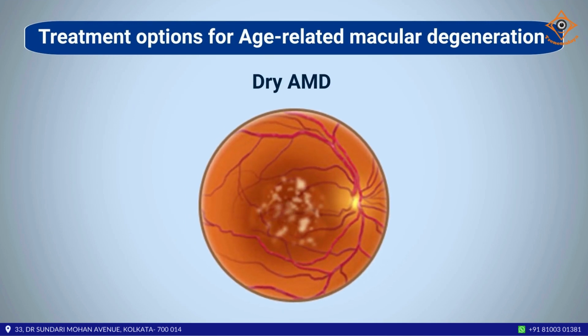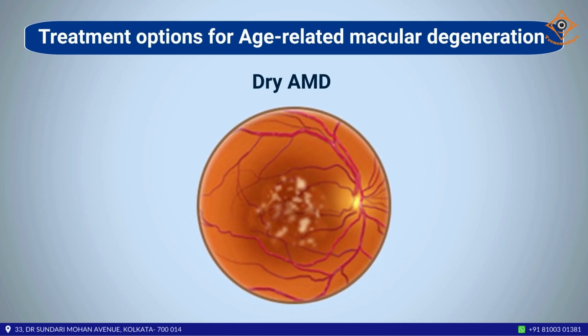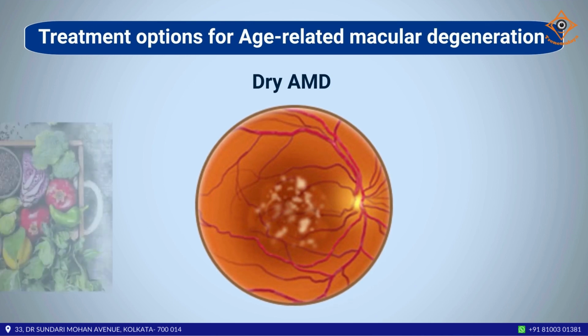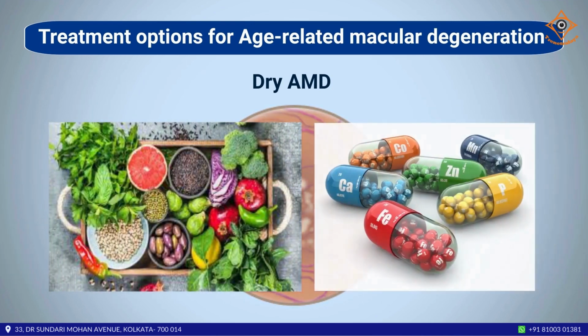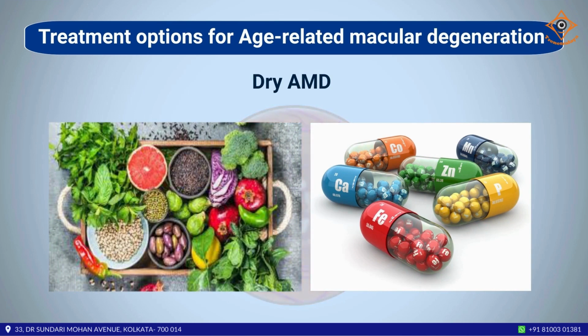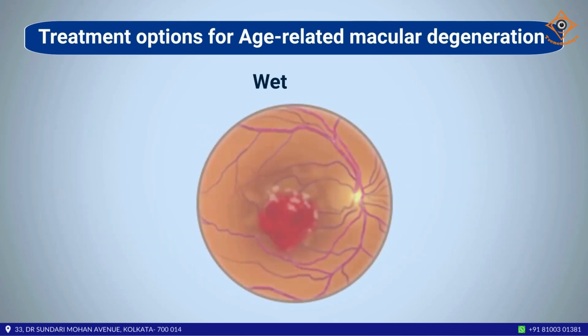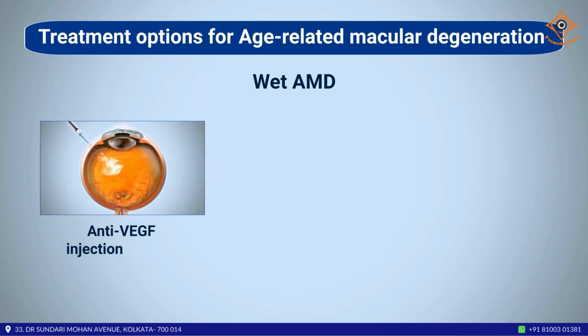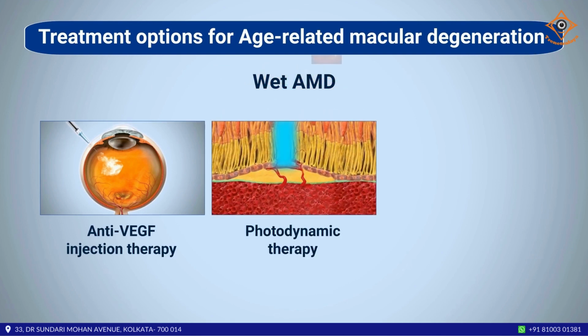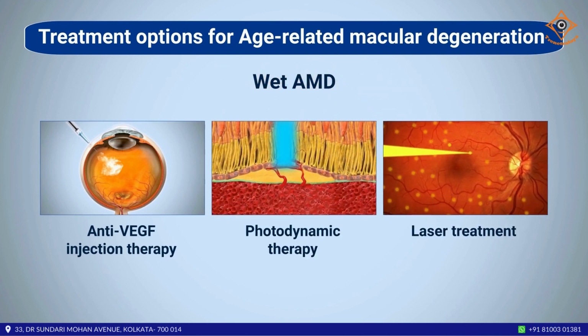Treatment options for age-related macular degeneration. There is no single proven treatment option for the dry form of macular degeneration. However, antioxidants, vitamins, and zinc reduce the impact of macular degeneration. In case of wet AMD, treatment options are anti-VEGF injection therapy, photodynamic therapy, and laser treatment.